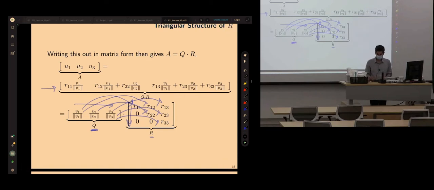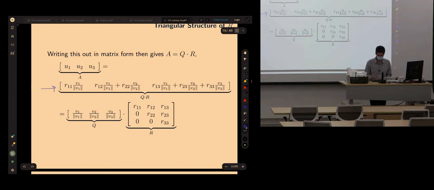Now if Q is the way we defined it, this only makes sense if R has this structure. This is just purely looking at this. Don't worry about the lines of the Gram-Schmidt. If I'm going to construct Q this way, R must be upper triangular, because when I multiply Q by R, I get A back. Then that must be the answer. So that's how we know R is upper triangular.